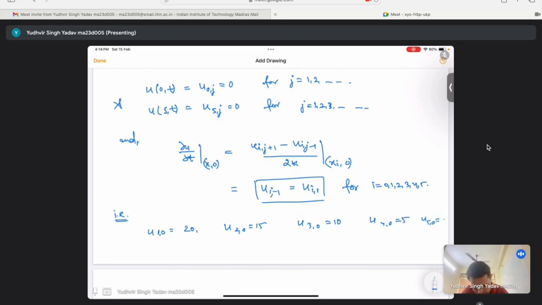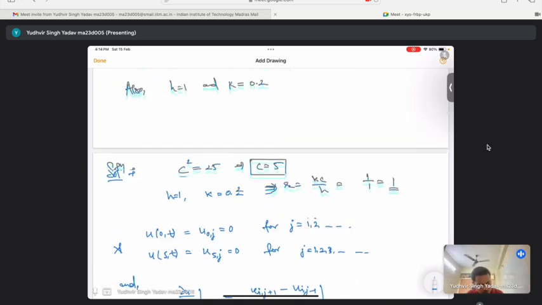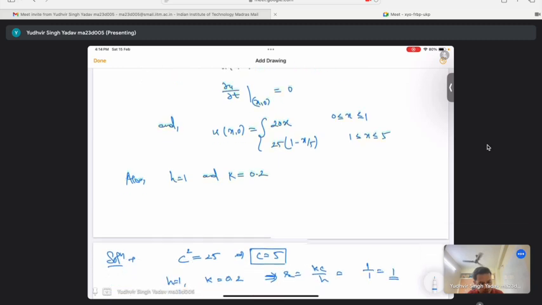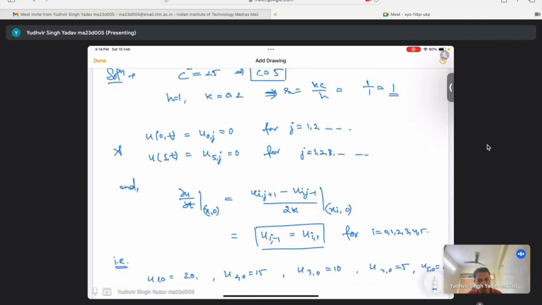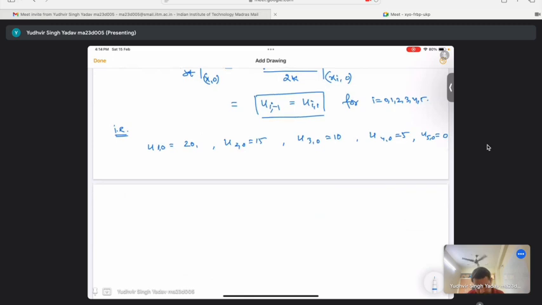And u(5, 0) is 0. So this is initial data that we have from the boundary conditions and the initial condition, that is u(x, 0) is 20x and 25 times (1 minus x by 5), respectively for the different respective domains.